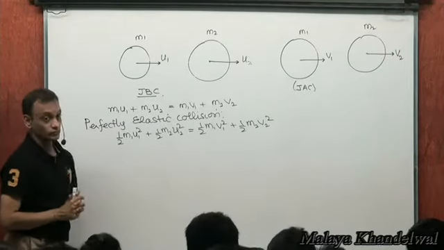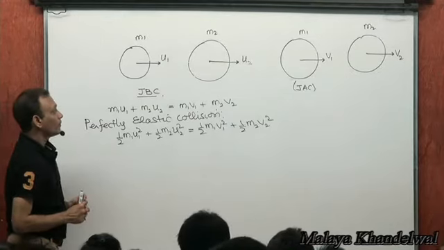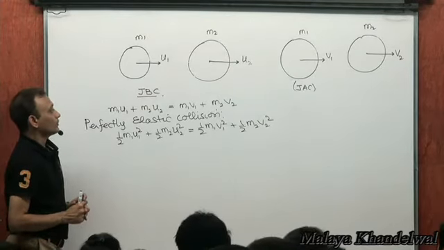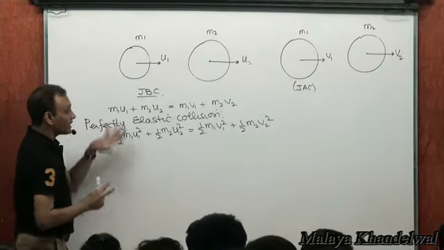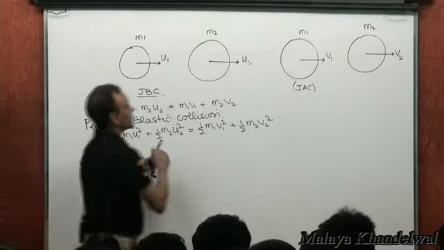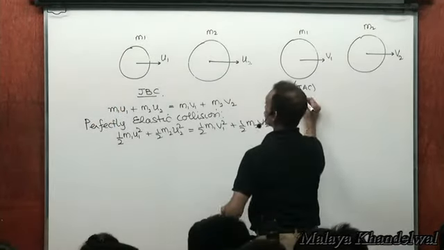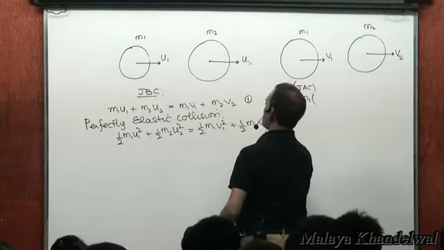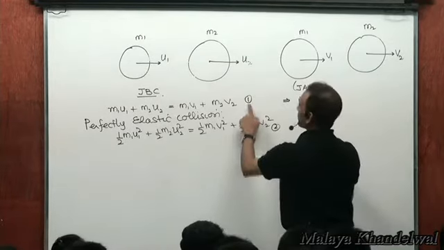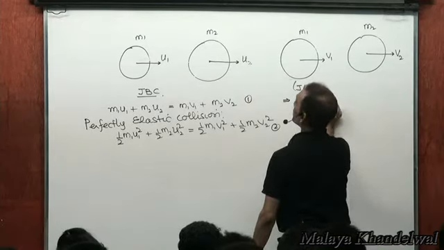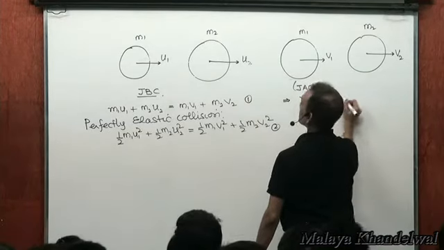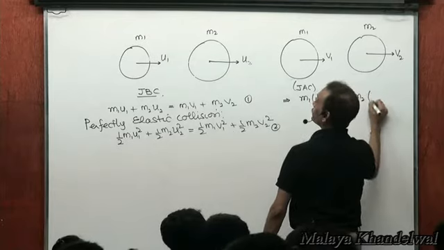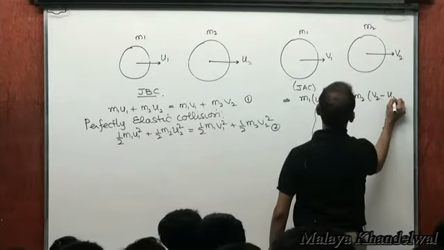Now if I collected terms here, in the momentum equation, this was m1 into u1 minus v1 equals m2 into v2 minus u2.